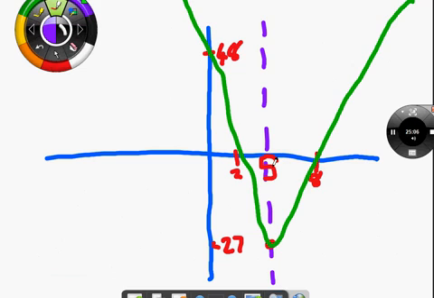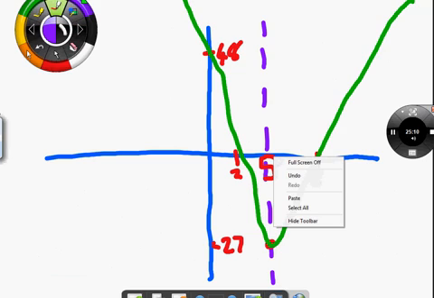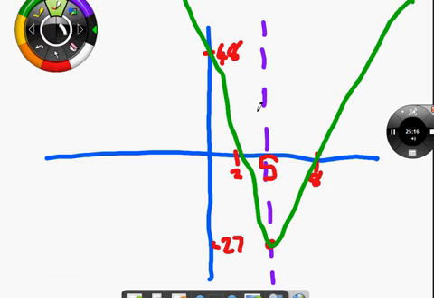Remember, x is equal to 5 is the line of symmetry. So if x is equal to 5 is my line of symmetry, it means that I must create a y is equal to 5 for my other graph's line of symmetry. So there is my line of symmetry for the inverse, and it's at y is equal to 5.